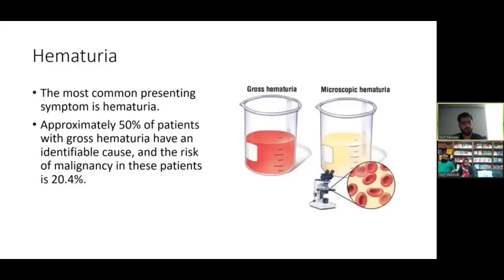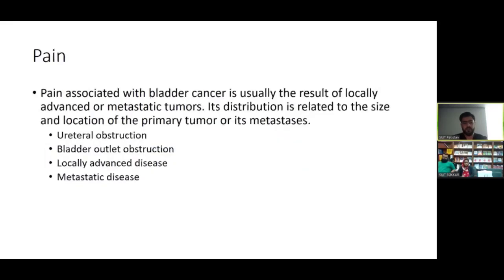Approximately 50% of patients with gross hematuria have an identifiable cause, and among these, the risk of malignancy is around 40%. In bladder cancer, typically the hematuria is intermittent, gross, painless, and may be present throughout the whole micturition. Pain is associated with a locally advanced or metastatic disease, and the mechanism of pain is how it's disturbing its anatomy.